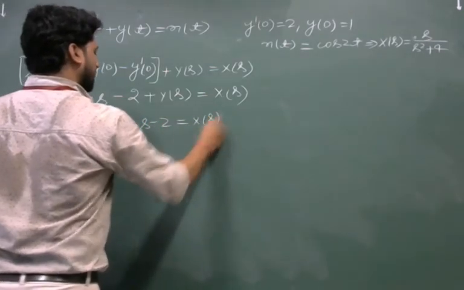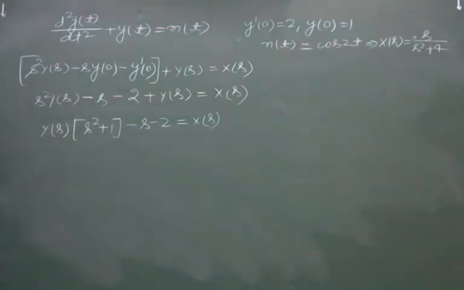is equal to x of s. If I put the value of x of s here, then this will become s upon s square plus 4.